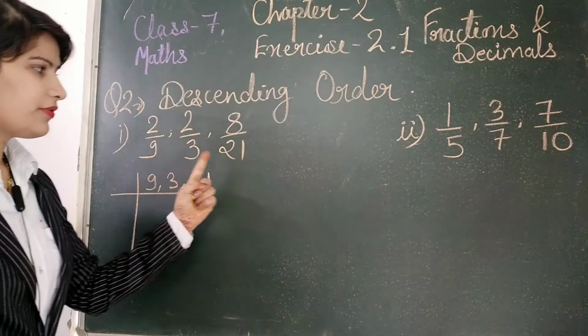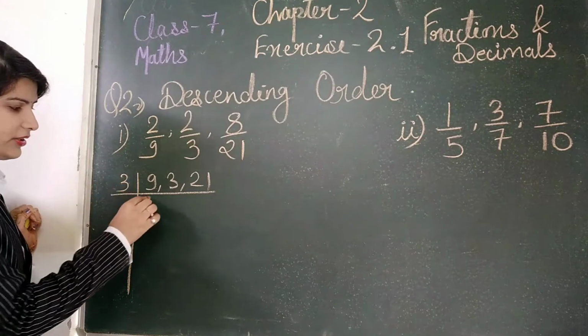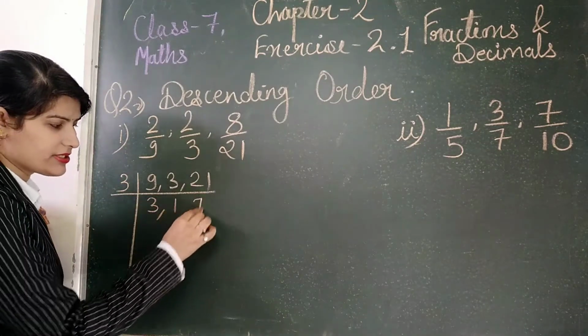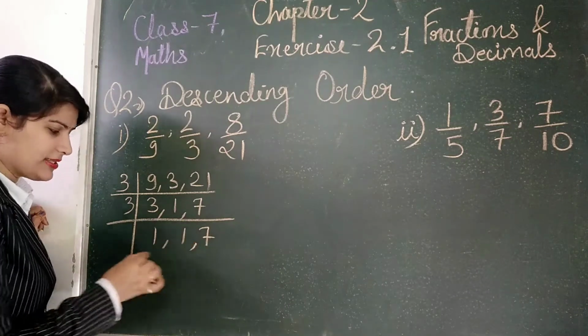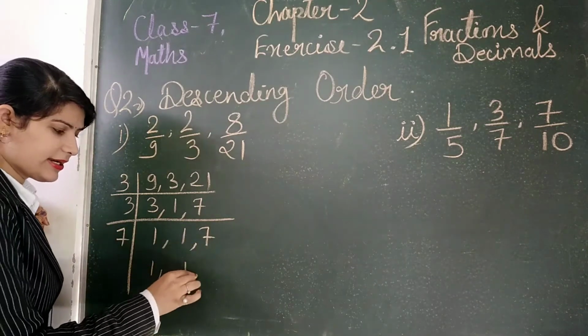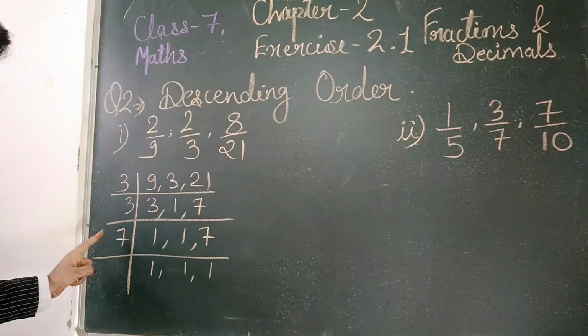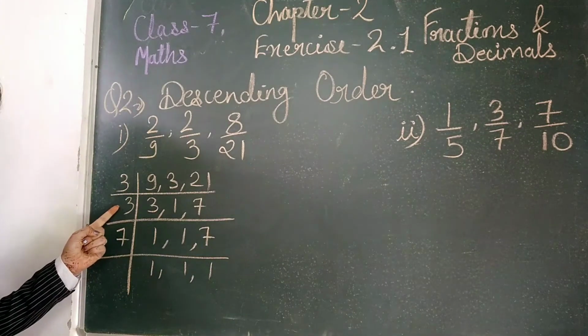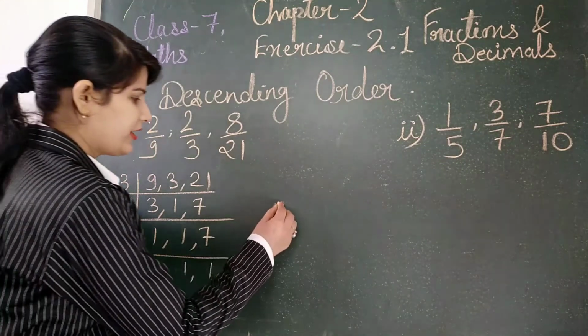Take the LCM of the denominators. So I am writing 3, 3 is a 9, 3, 1, 3, 7, like this. You will take the LCM. Now, LCM you know very well, you have already studied it in 6th or 5th class. So 7 into 3 is 21, 21 into 3 is 63.